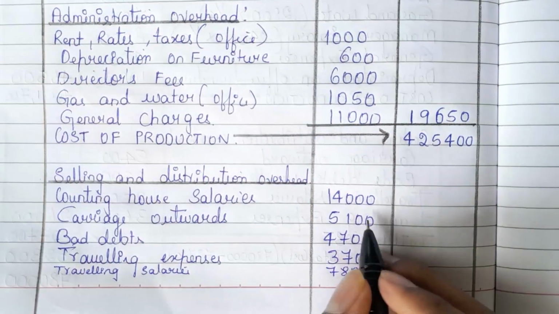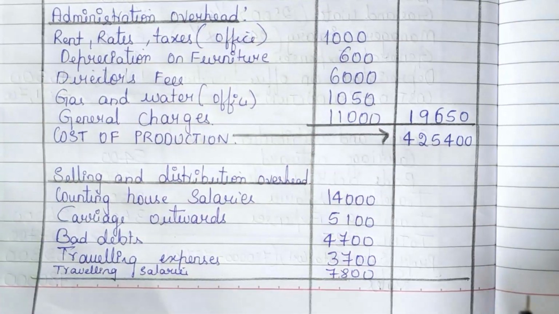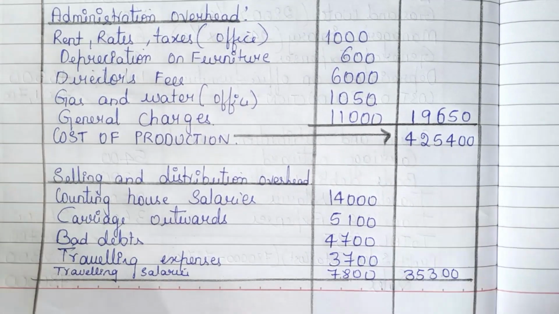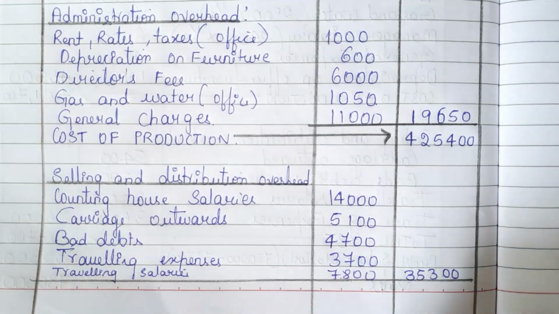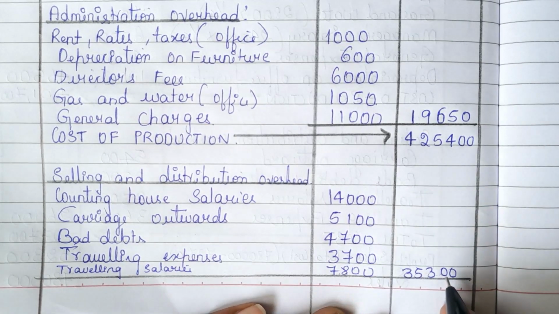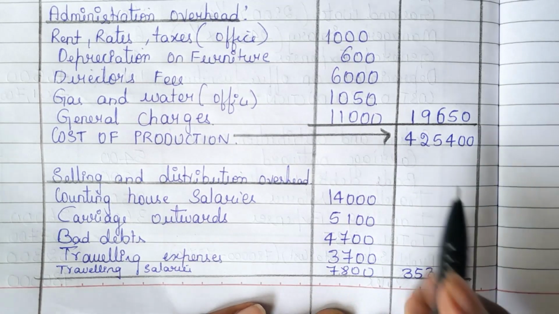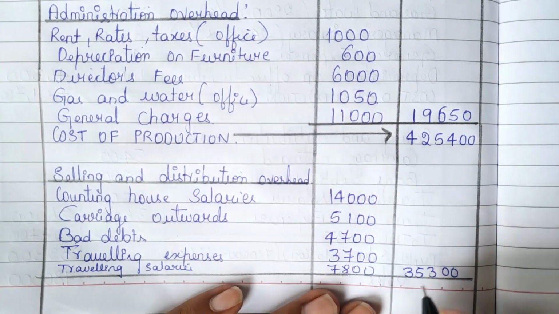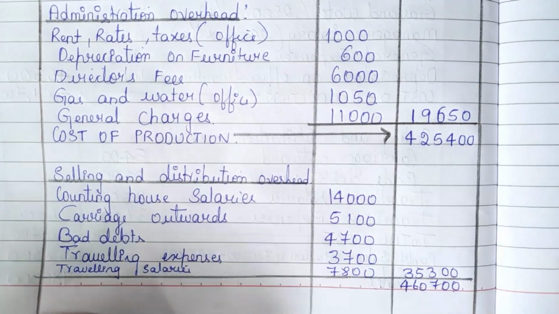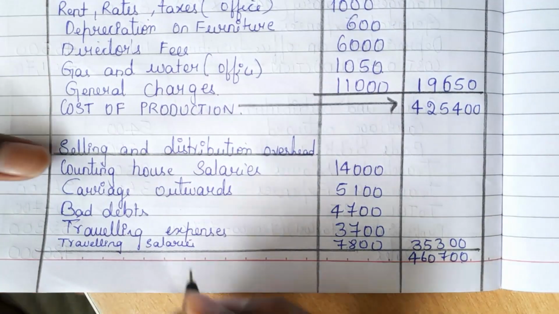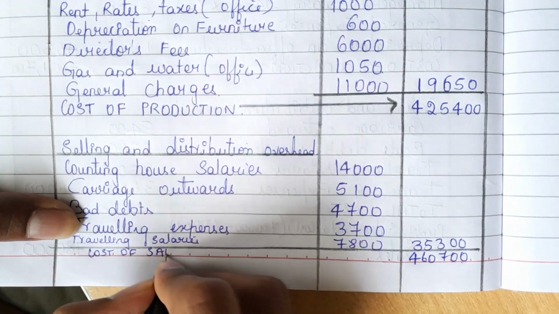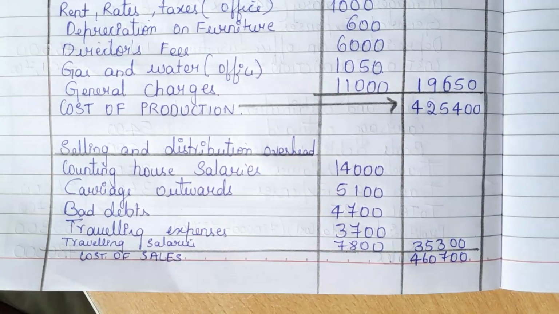Now add all these things. We will get 35,300. Now add 35,300 with 4,25,400. We will get 4,60,700. What is this 4,60,700? It is our cost of sales.